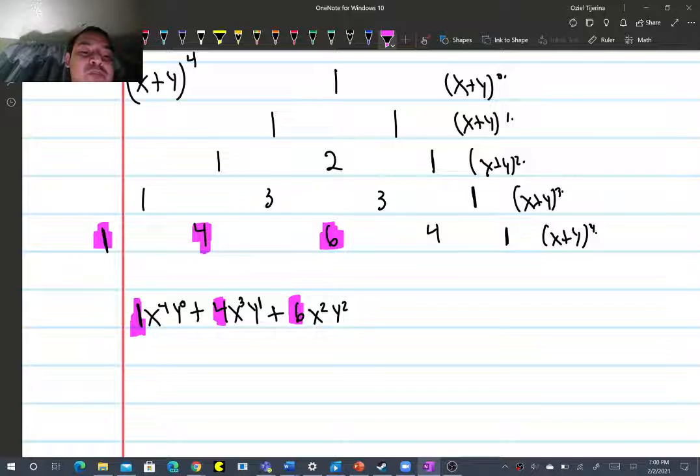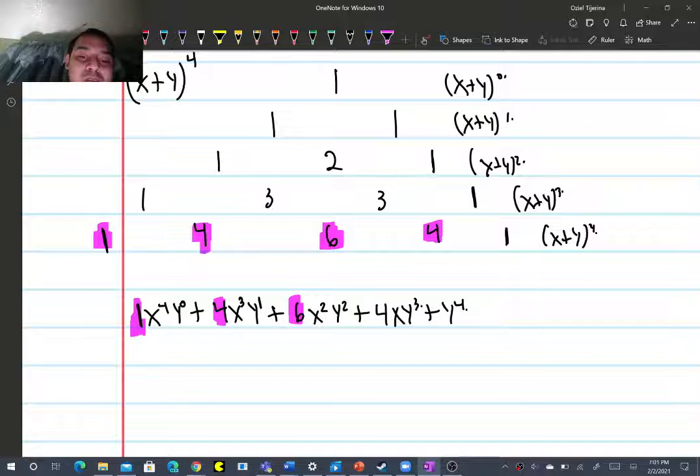And notice that I'm going down by 1 with x and up by 1 with y, plus 4x, and then it's going to be y cubed, because we're going up by 1, so the 4 would be right here. We're going down by 1 with x and up by 1 with y, and then our last term, which is x to the 0th, y to the 4th, or it's just 1 times y to the 4th, which is y to the 4th.